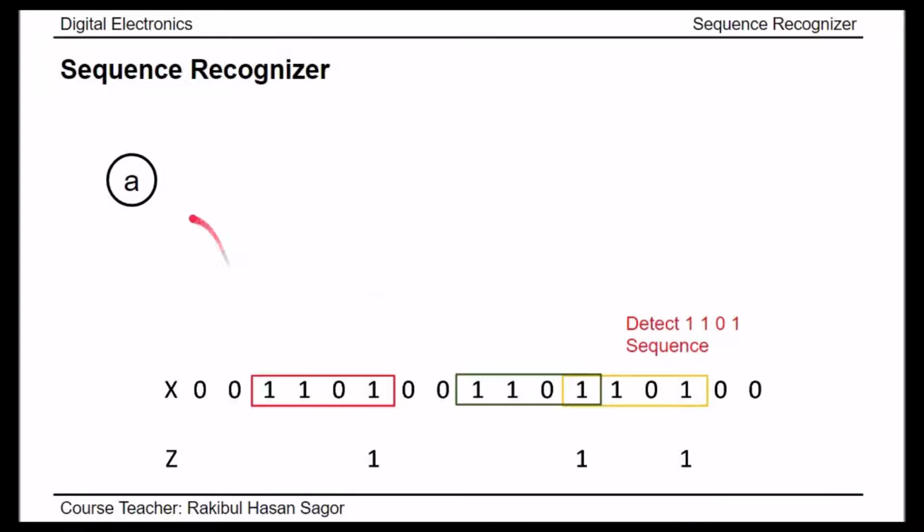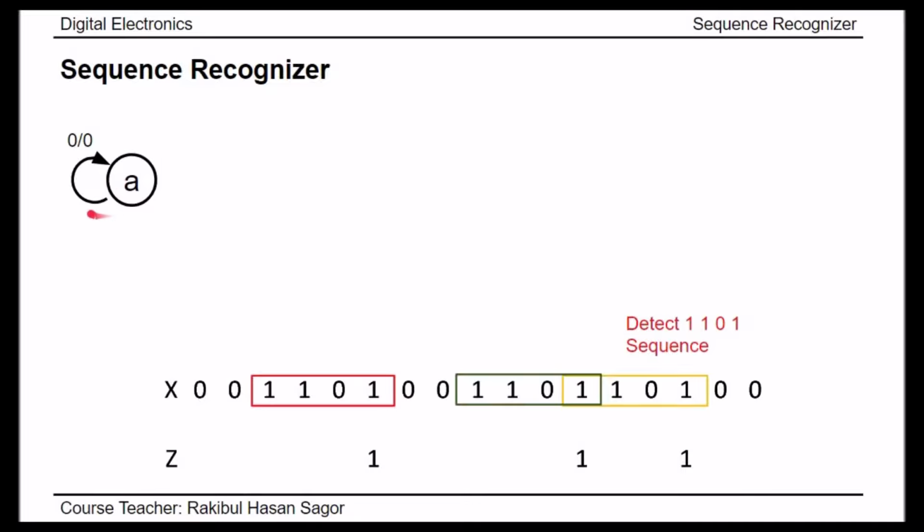So unless or until we get 1, the state must loop here, giving Z equal to 0. So if we have 0 input, the output should be 0 and the next state should be A.